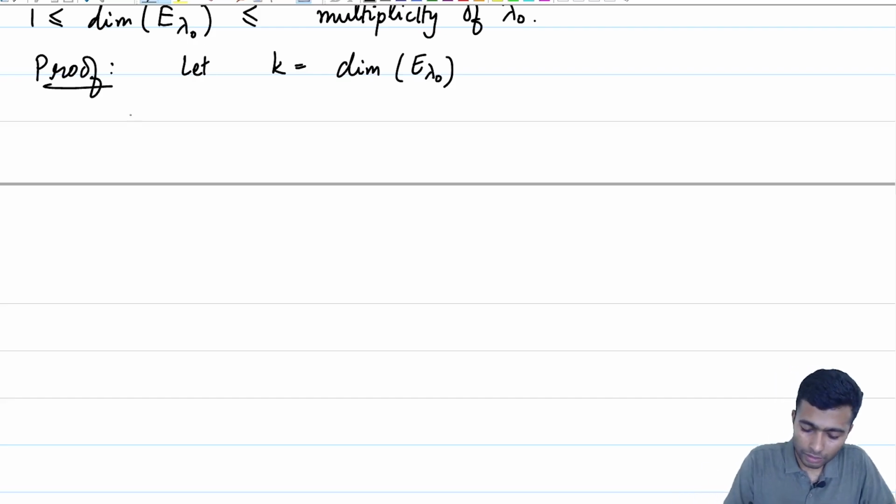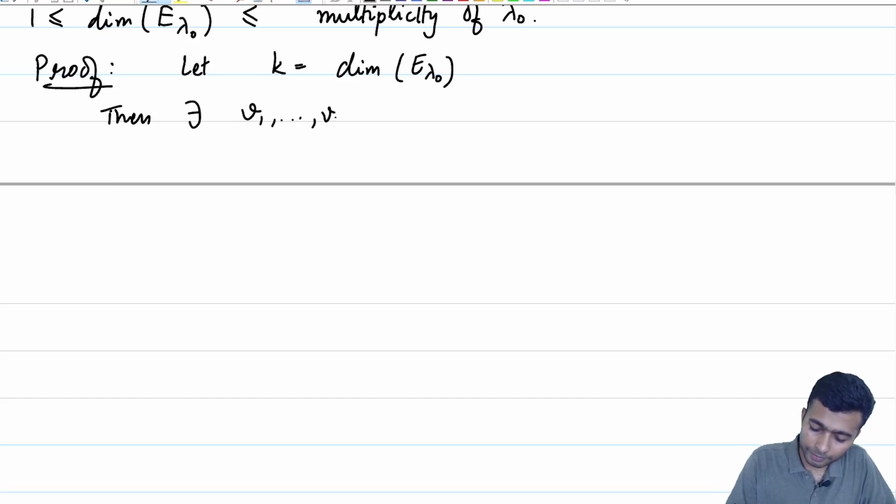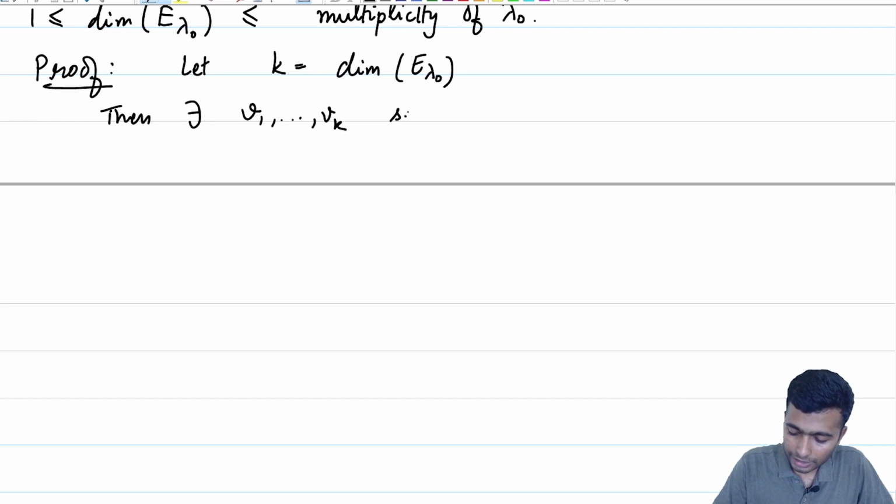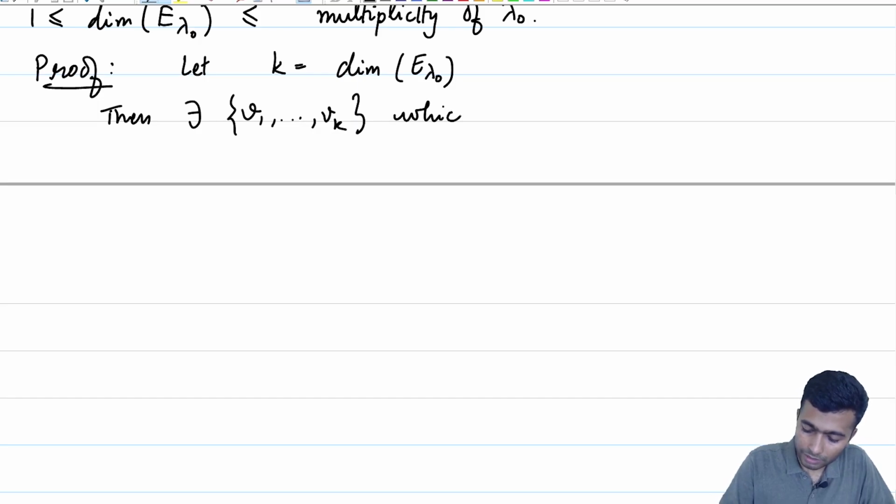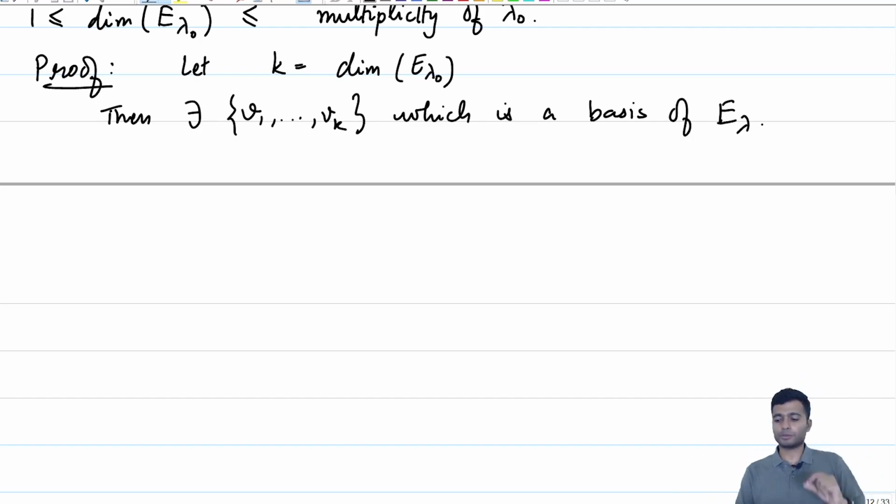Then there exists v1 to vk which is a basis of the eigenspace E lambda naught corresponding to lambda naught. Each of v1, v2 up to vk are eigenvectors with eigenvalue lambda naught.